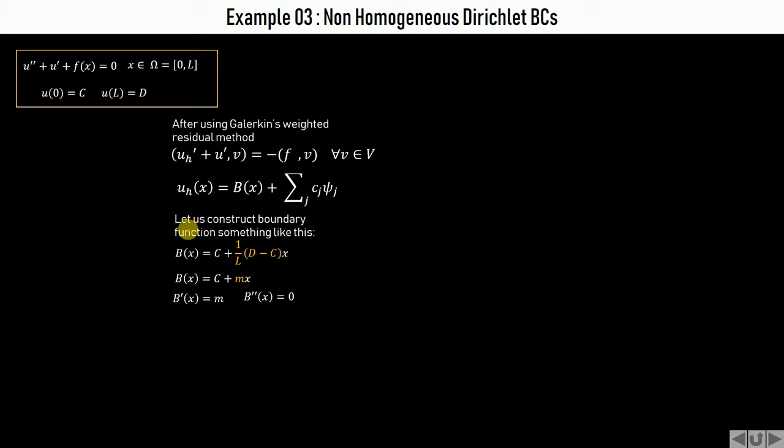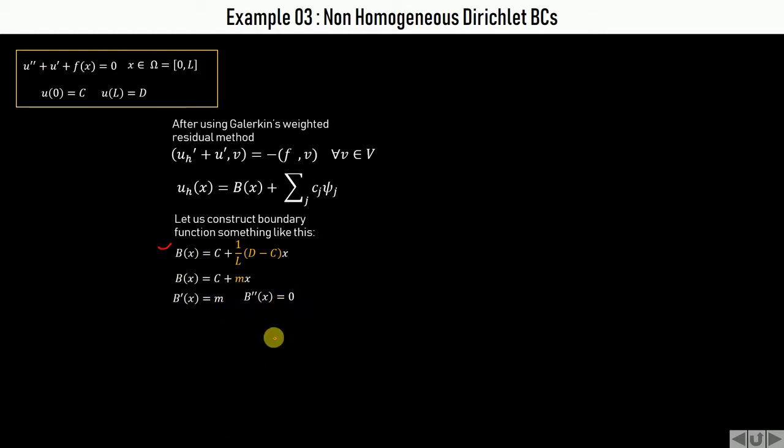B at 0 is C, B at L is D, so it qualifies to be a boundary function. Now, just for simplification of the calculation, we write this part as m, that is the scalar value. Now the first and the second derivative of the boundary function are m and 0.